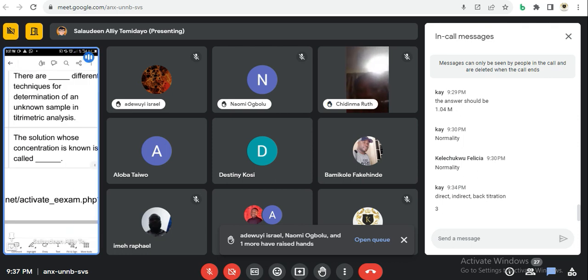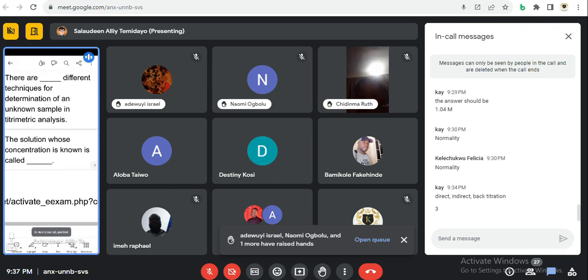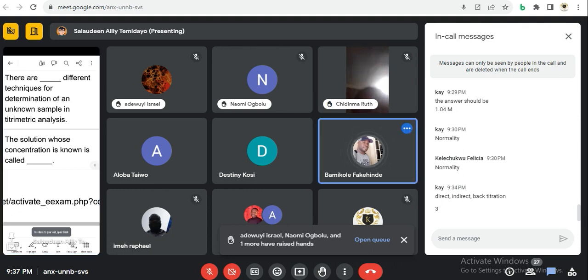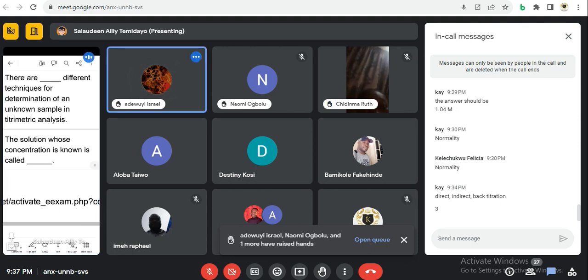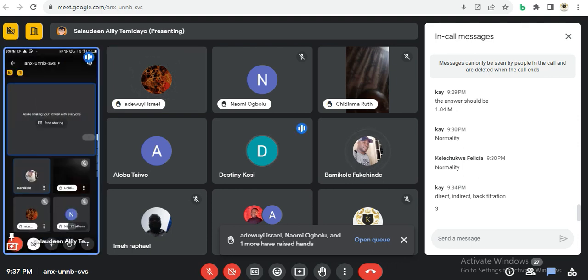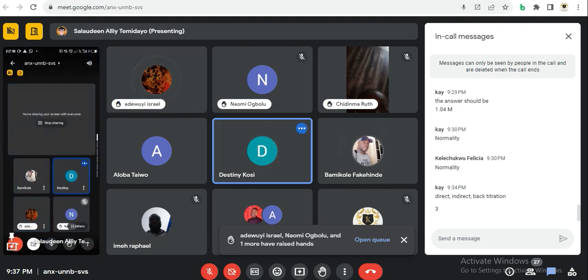So what about the solution with an unknown concentration? When the solution with known concentration is known as a standard solution or titrant, what's the other one called?